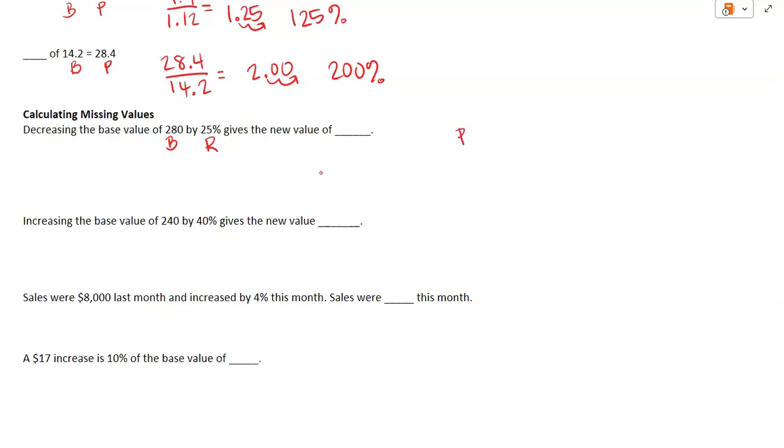Okay, and remember, your portion or your percentage amount can be found by multiplying your base by your rate, and I'm converting that to a decimal. So my portion here is 70.